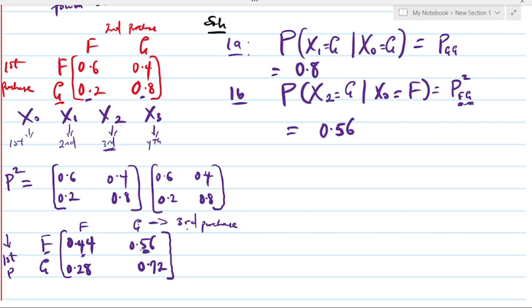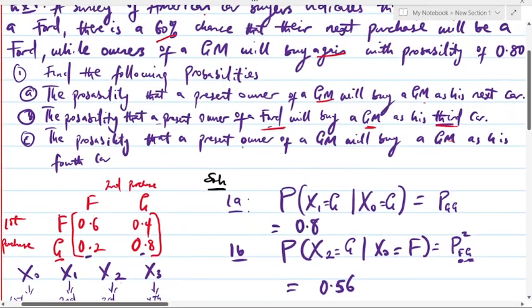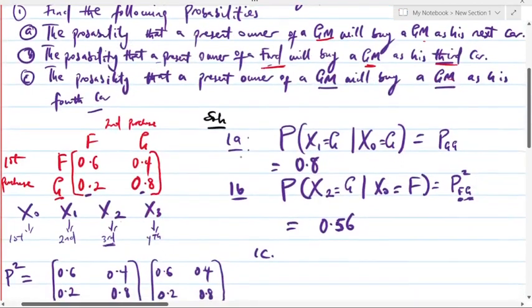And lastly, let's check the next question. The probability that the present owner of a GM will buy GM as his fourth car. As his fourth car means X3.